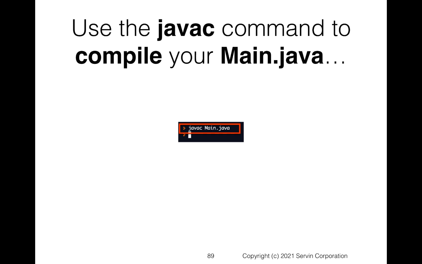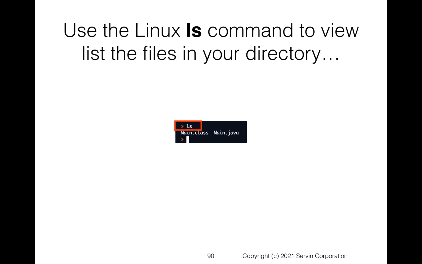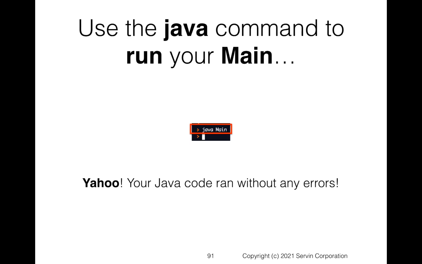So notice javac space Main.java. Use the Linux ls command again to view, and you'll see you have the Main.class. And when you type java Main, yahoo! Your Java code ran without any errors. Now granted, it's not doing anything, but at least it ran without errors.